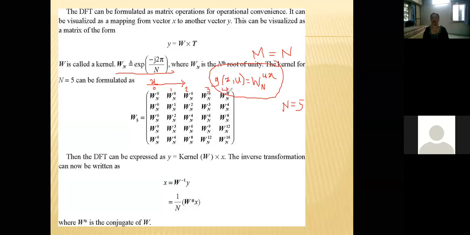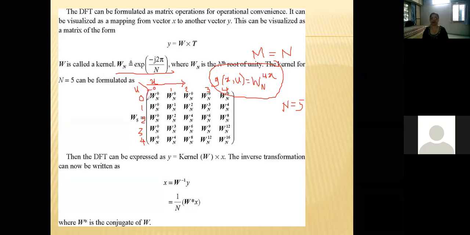Similarly, u is also varying in this direction: 0, 1, 2, 3 and 4. In order to determine these terms, you can simply put the u and x values.